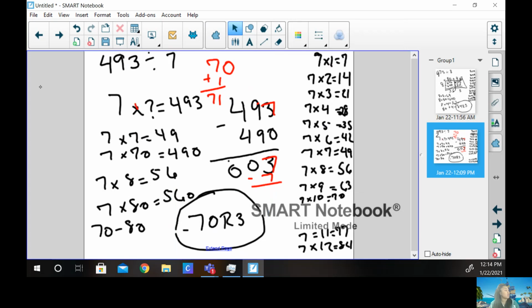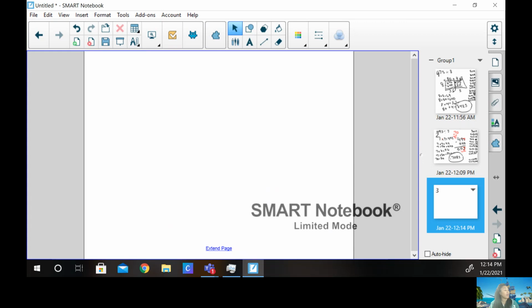Okay, and the last one is really simple. So we actually have 2 things. We have repeated subtraction. So our problem would be 804 divided by 4. So now with repeated subtraction, it's just 804 minus 4.